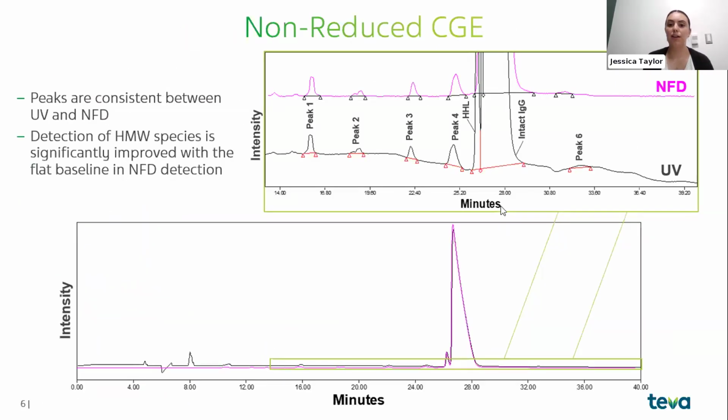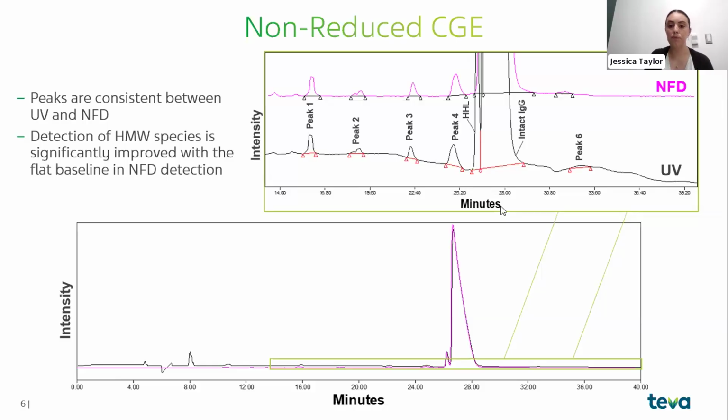So starting off here with a non-reduced example, I would like to point out that all of the electropherograms that I'm going to show throughout this presentation have been normalized. The native fluorescence detector has a much higher signal intensity than the UV detector, so in order to be able to overlay them in a meaningful way, I normalized all my electropherograms to the highest peak in that electropherogram.